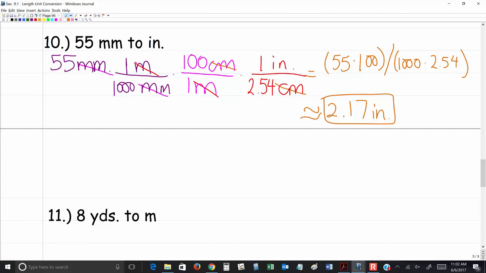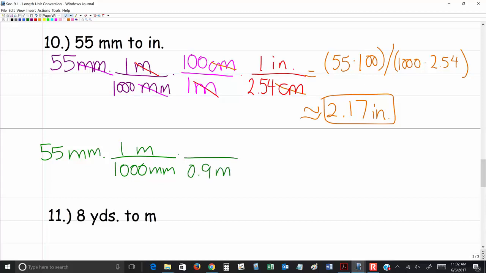Did you do something wrong? Because I'm really surprised that it would be that much different. Let's just see what that would actually be, because that's kind of interesting. That'd be 1 meter, and then you put 0.9 yards over. Oh, 1 meter.